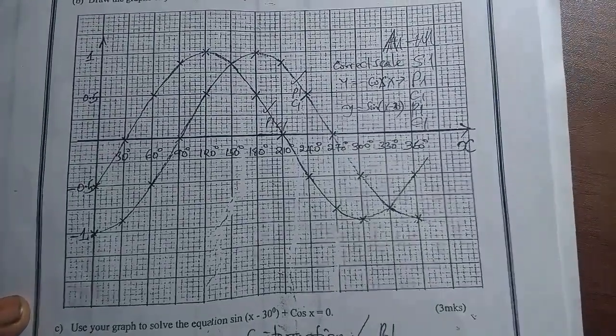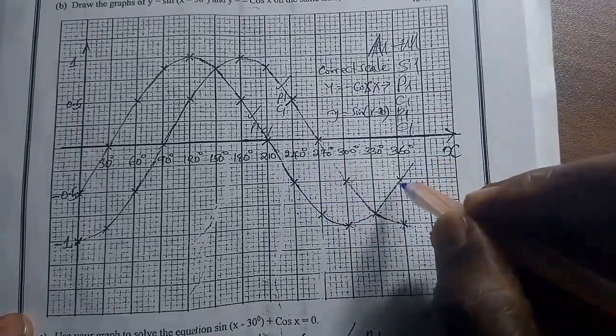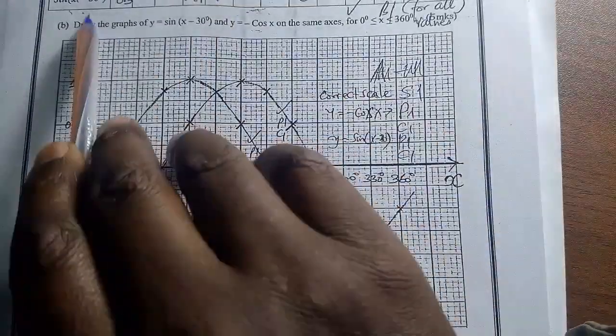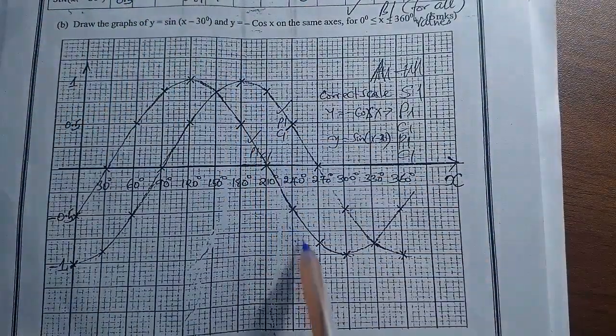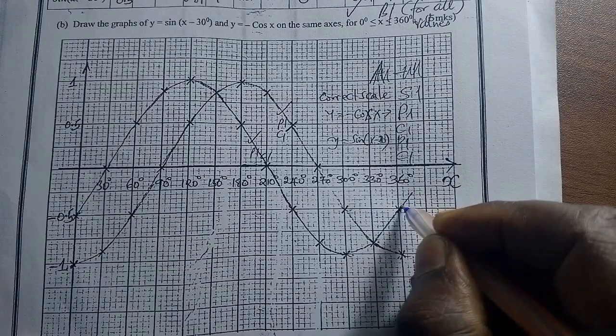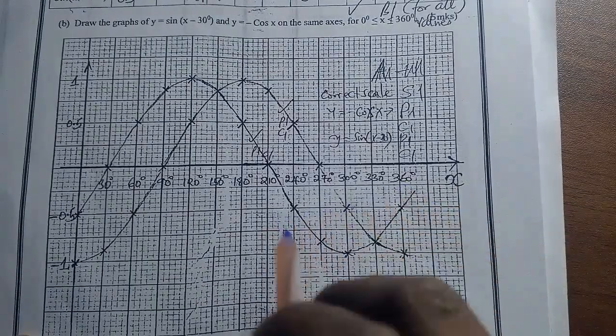Remember to write it. If this is the graph for sine, for example, this graph here, remember to write that this graph is for sine what? That is what we call labeling.